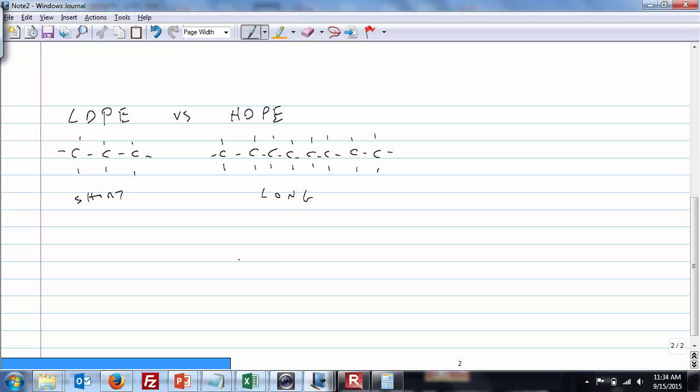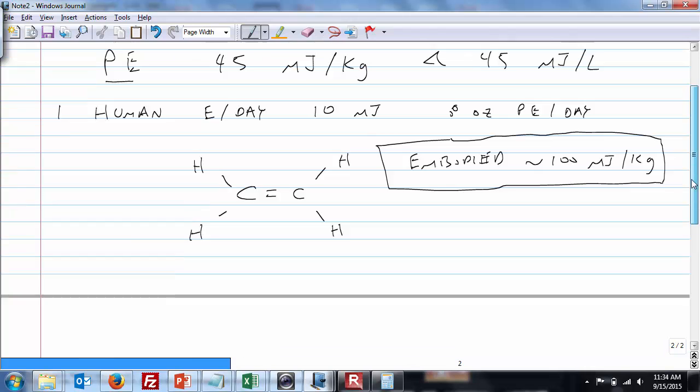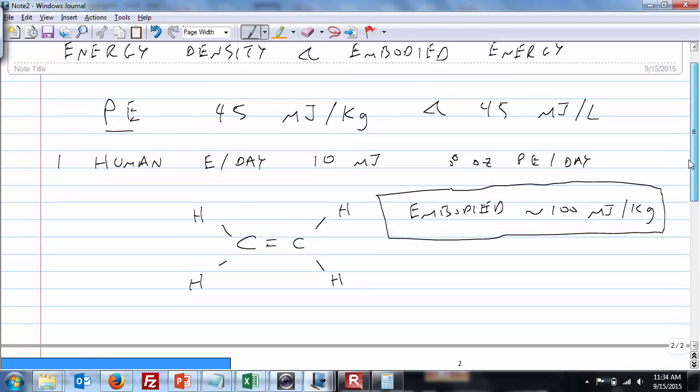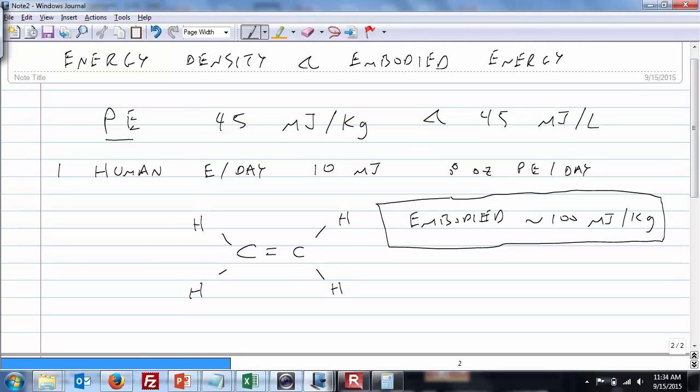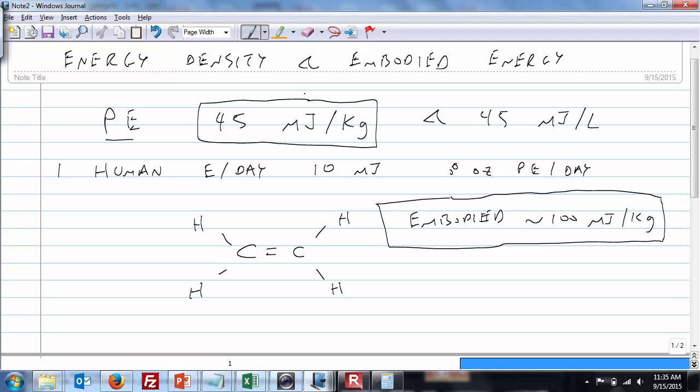Okay, now let's look at energy density, because what we're going to do is a waste to energy exercise. First of all, what's the approximate density of polyethylene? Anybody know off the top of your head?